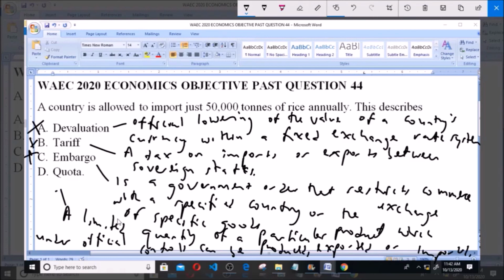Now as you can see, what you have in the question, a limited quantity of rice is controlled, so allowed to be imported. In this case, the particular product is rice, and it is a limited quantity that can be imported. So option D, quota, is the correct answer to this question.